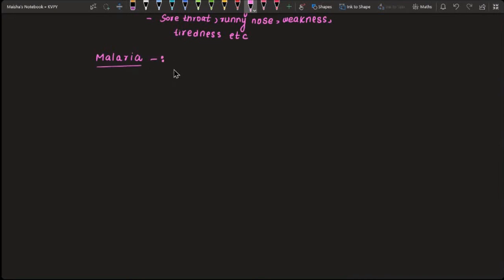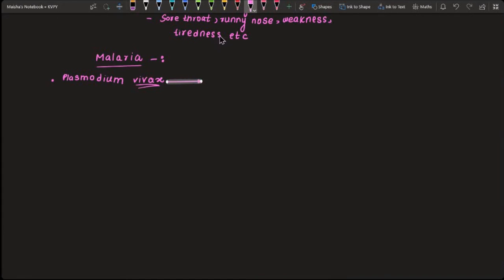This will include diseases like malaria. So we're going to be discussing malaria. It is caused by the pathogen Plasmodium vivax.